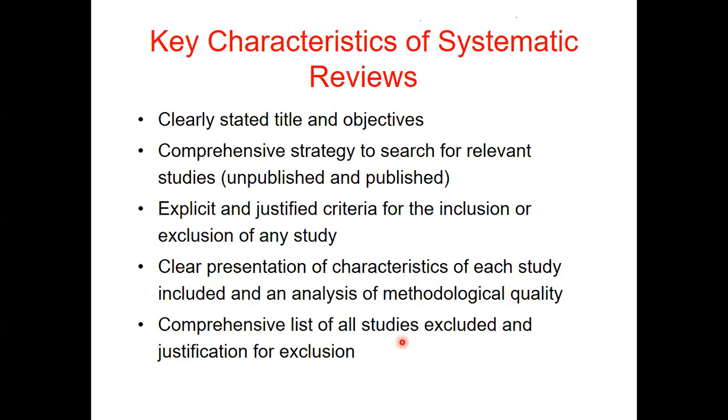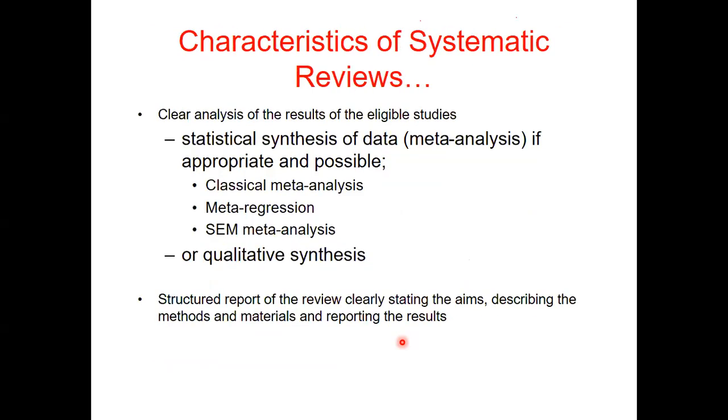There are explicit and justified criteria for inclusion or exclusion of any study. There's also a clear presentation of the characteristics of each study included, and an analysis of methodological quality, but also a comprehensive list of all studies excluded and justification for exclusion, of course.